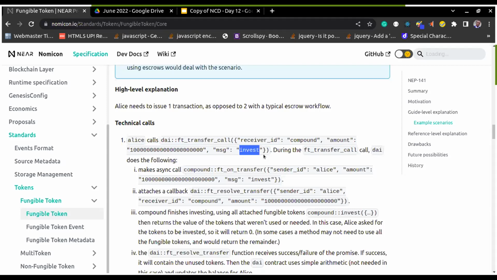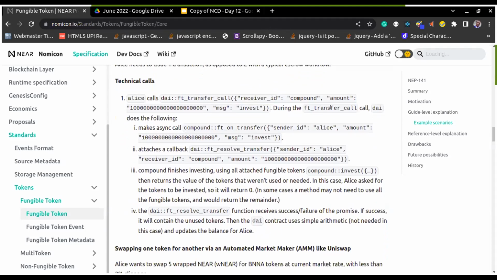So behind the scenes, this function is basically going to invoke what we refer to as a cross-contract call. Okay, so it is going to invoke a cross-contract call to a smart contract deployed at this address, which is the receiver address, before it can fully make the transaction or establish the transaction. And again, you can read on all that.